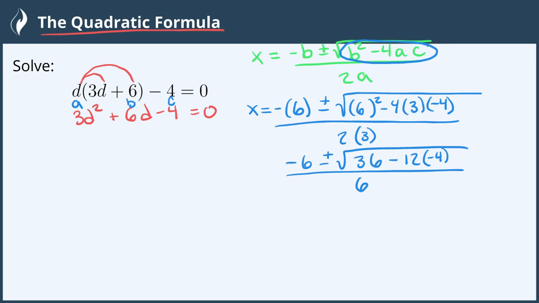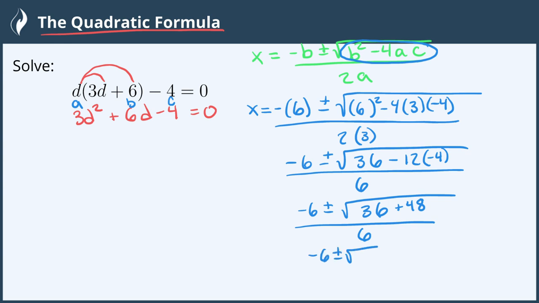Now a negative 12 times a negative 4 is a positive 48, so we have negative 6 plus or minus the square root of 36 plus 48 all over 6. Adding underneath the radical, 36 plus 48 in my calculator is 84, so I have negative 6 plus or minus the square root of 84 over 6.